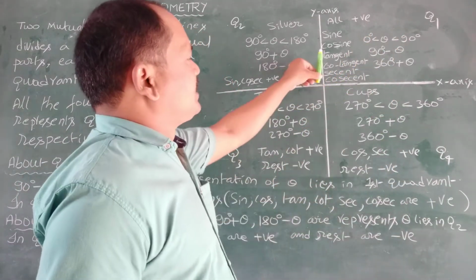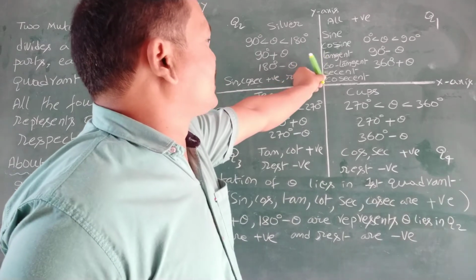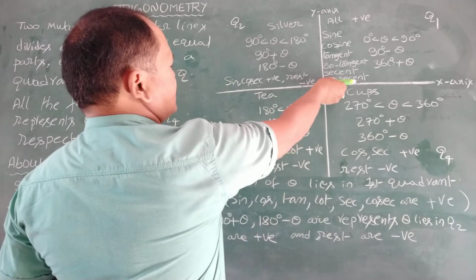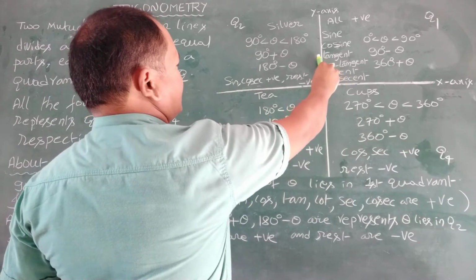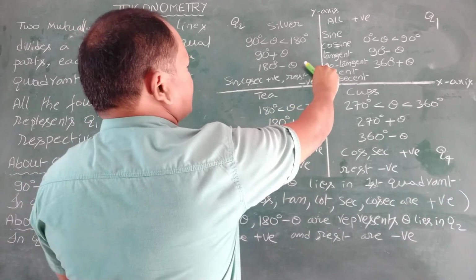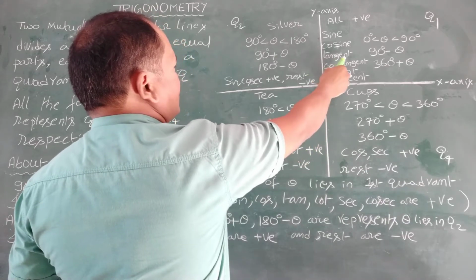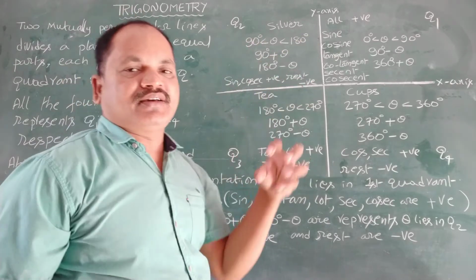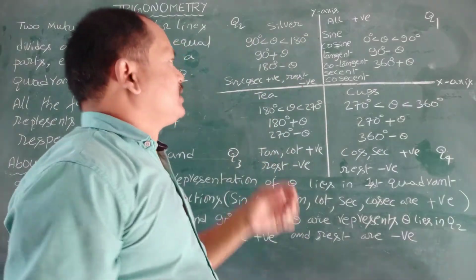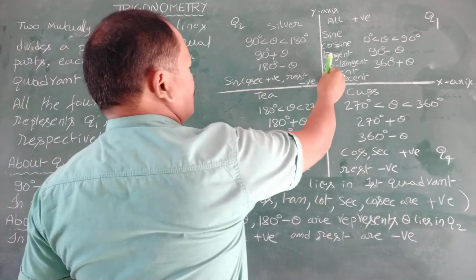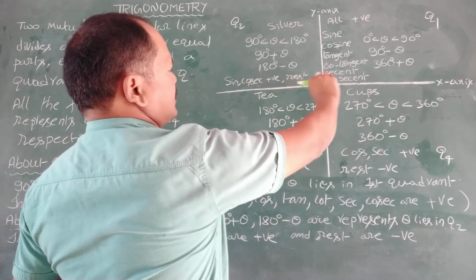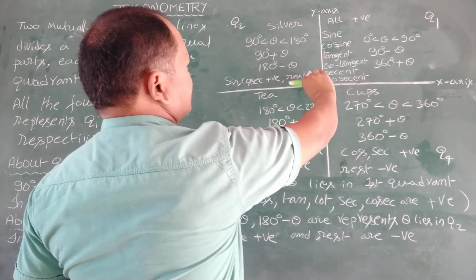If the revolving line enters the second quadrant with the help of 90, in the anti-clockwise direction, this is 90 and then 90 plus this gap. So 90 plus theta is the representation of the second quadrant. At the same time, if it coincides with the x-axis on the negative side, then it is below 180.